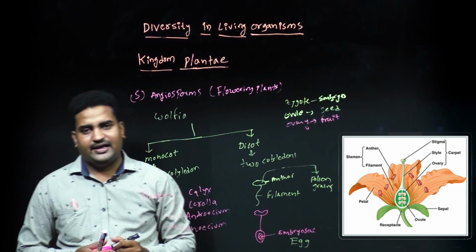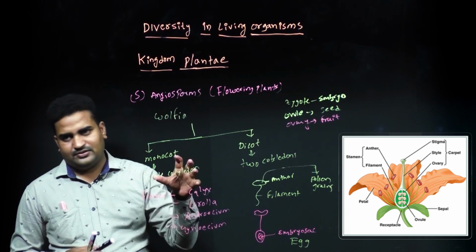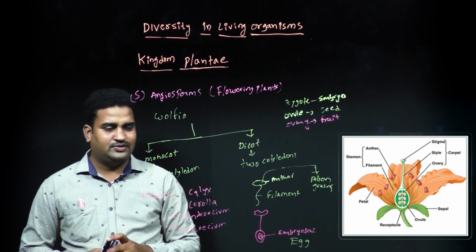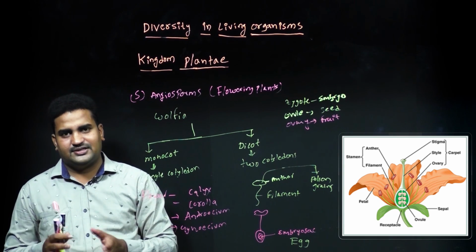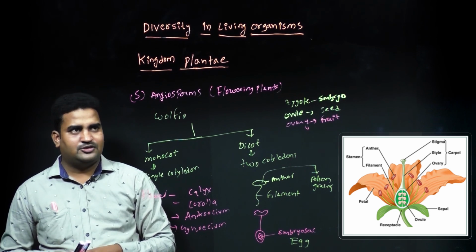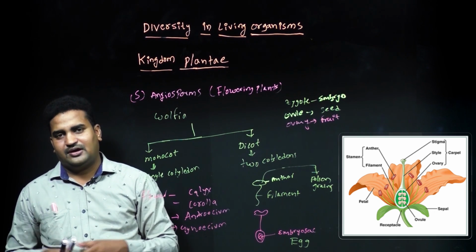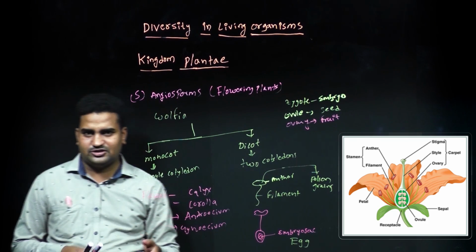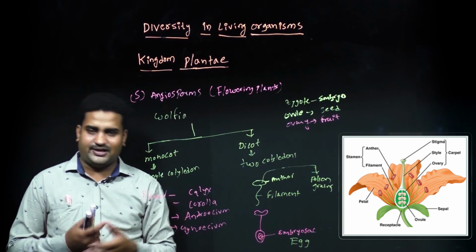So that's why angiosperms produce the fruit, and that fruit covers the seeds. But in gymnosperms the seeds are naked, fruit is absent. Angiosperms include all different kinds of herbs, shrubs, medium sized plants to the tallest woody plants.